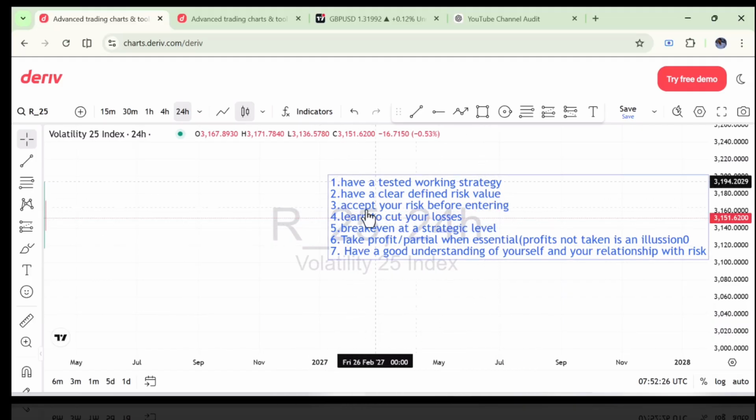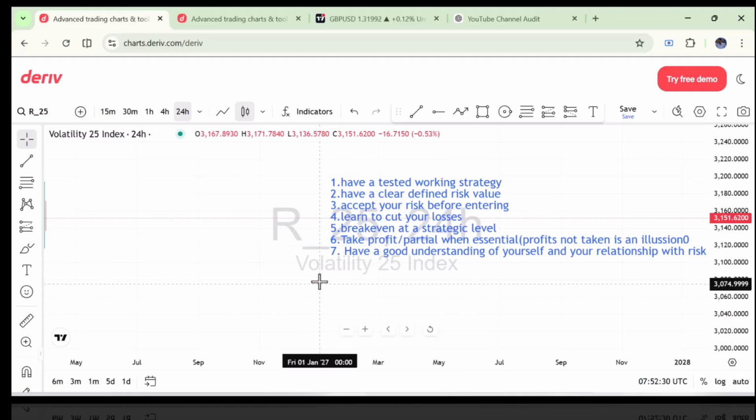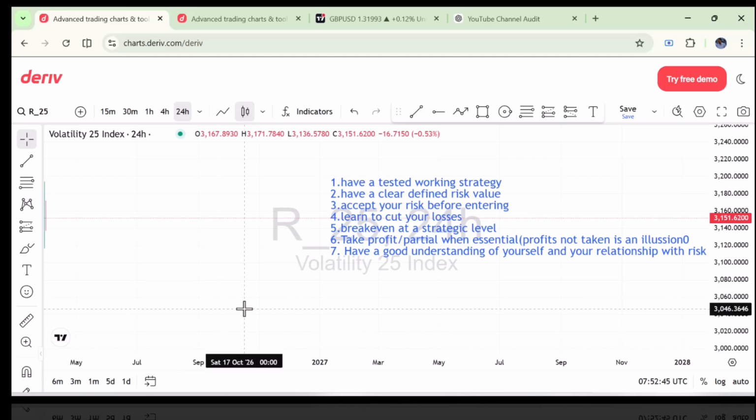So the moment you are comfortable with that, okay, I have $100, I'm going to make this trade entry, this trade entry is going to cost me $20 and I have $80 left. The moment you see that you are still conflicted, don't enter. Make sure that you comfortably accept this risk, and that is what separates random traders from profitable or professional traders.